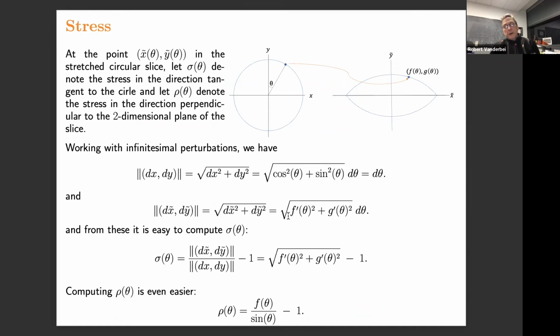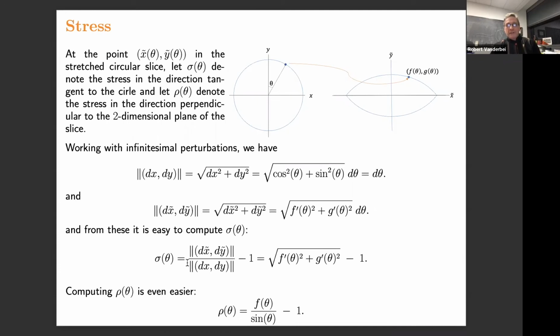So dx tilde squared is f prime of theta squared d theta squared. dy tilde squared is g prime of theta squared d theta squared. The d theta squared is multiplying both of these things inside the square root, so pull it outside, and we have the square root of f prime squared plus g prime squared inside this square root here. And from these, the stress is the ratio of these things, minus 1, because if the ratio is equal to 1, there's no stress.